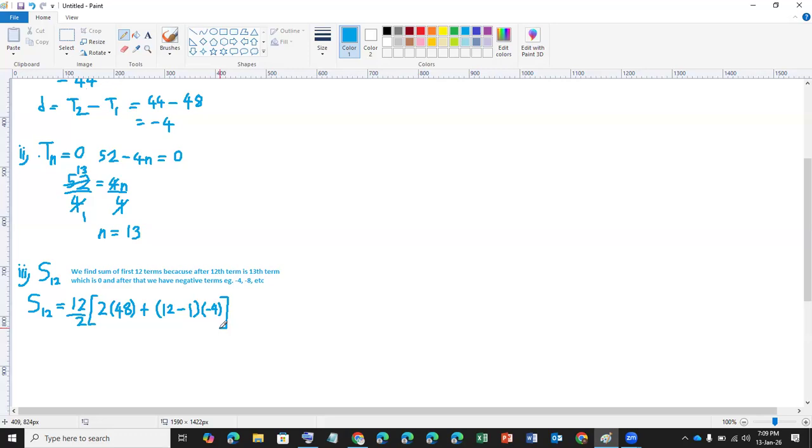Minus is quite powerful in mathematics. So 12 over 2 is 6. In there, I have 2 times 48, that is 96, right? Yes, sir. 12 minus 1 is 11. 11 times minus 4 is minus 44. So 96 minus 44 will give us what?